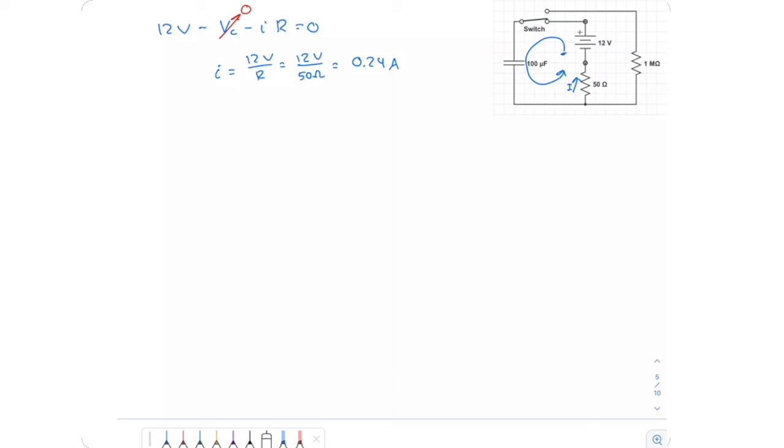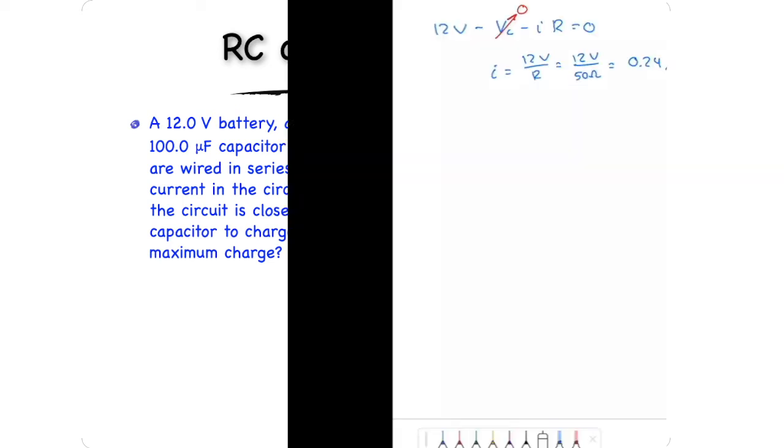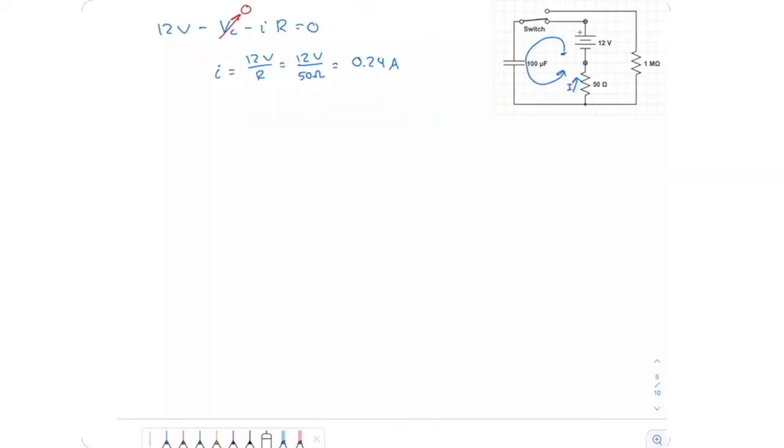The second part of the problem asked, how long after the circuit is closed will it take the capacitor to reach 90% of its maximum charge? Okay, so here we have a charging capacitor, and we have two equations for charging and discharging capacitors.